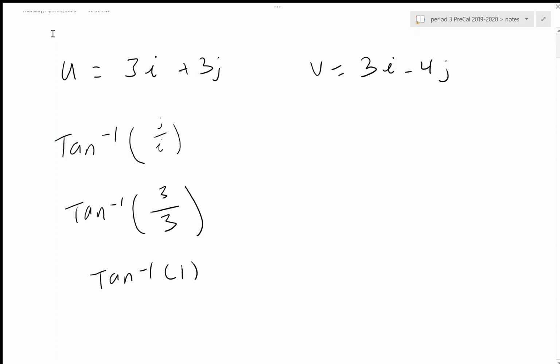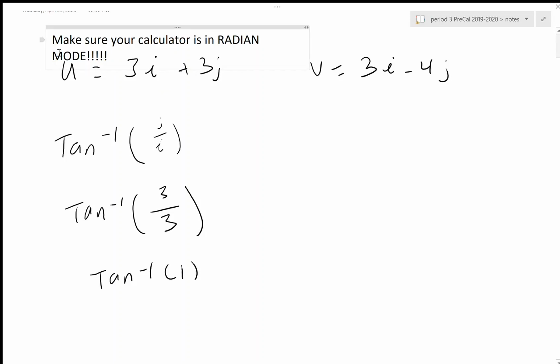So, side note, make sure your calculator is in radian mode. If you have it in degree mode, you're going to get nowhere near the answer. Right? So make sure that it is in radian mode.